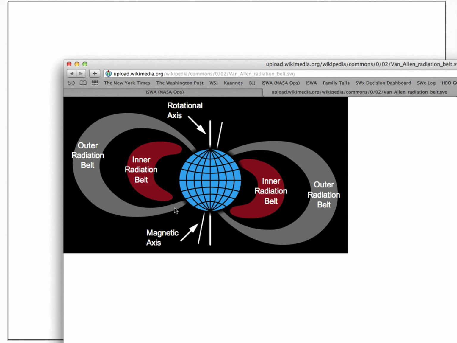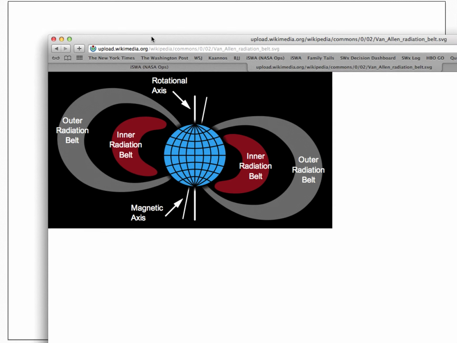Those belts are established through exactly that kind of magnetic bottle structure that I just showed you. Charged particles are trapped or confined in these magnetic bottles inside the Earth's magnetic field, and that magnetic bottle structure can hold this plasma and radiation in and become a hazard, for example, for spacecraft trying to fly through these types of regions.